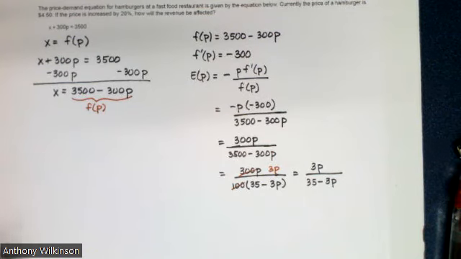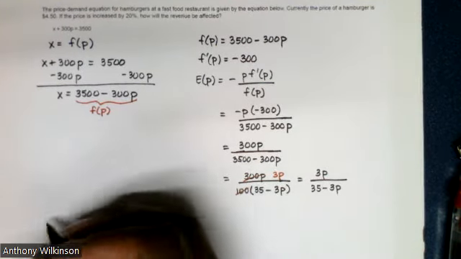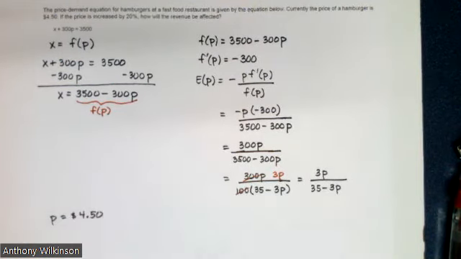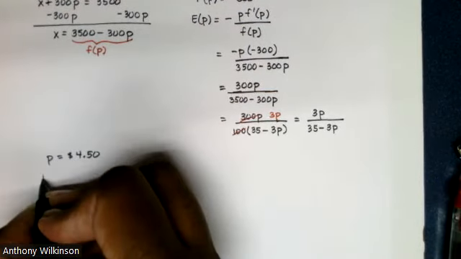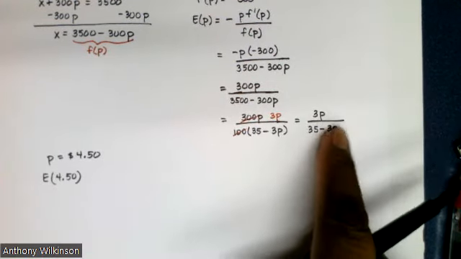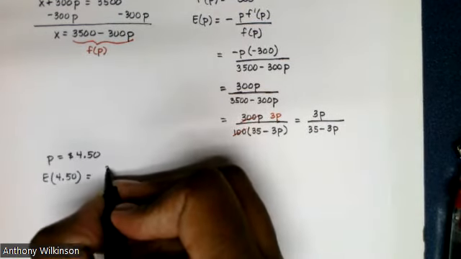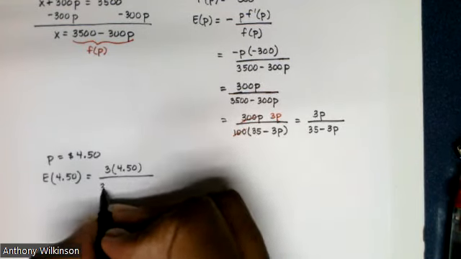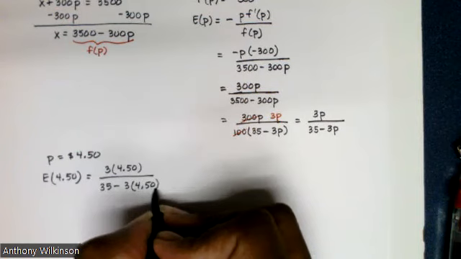And in this case here, you're told that the price of a hamburger is $4.50. So that means here, our p is $4.50. This will be E of $4.50. We just replace each p in this elasticity function with $4.50. So that would be 3 times $4.50, divided by 35 minus 3 times $4.50.